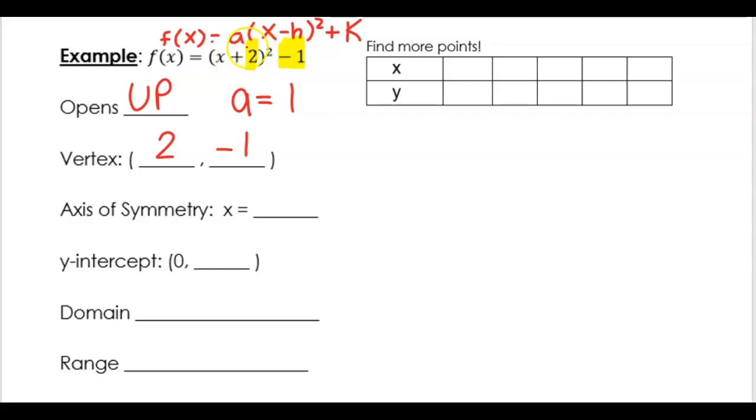If this is positive 2 in the formula, this is negative 2. You have to memorize that x is a liar. If it says positive 2, this is the x number because it's in parentheses with the x. But if it says positive 2, the vertex is actually negative 2. This number over here is not a liar. If it says negative 1, it is negative 1. That is my vertex point.